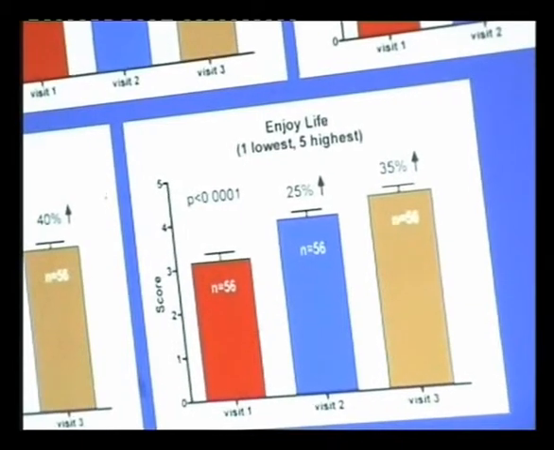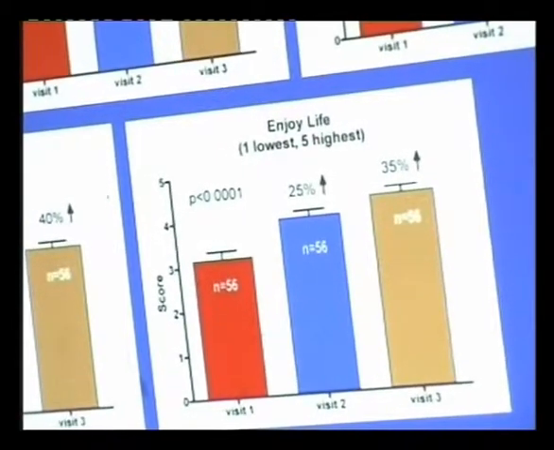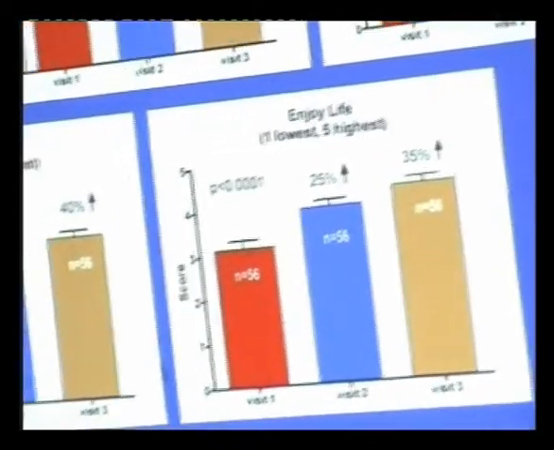Greater energy level, improvement in their state of enjoying life, a symptom of well-being. So the quality of life symptoms also improved, also statistically significant. This was a result obtained in 56 participants who had completed all 3 examinations and questionnaires. A very encouraging result.